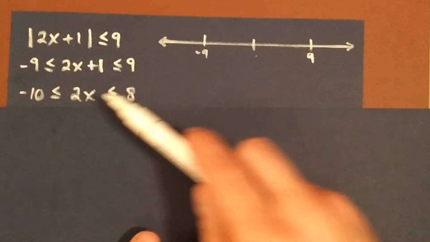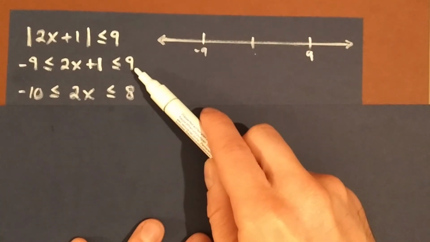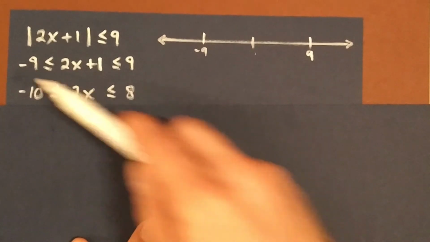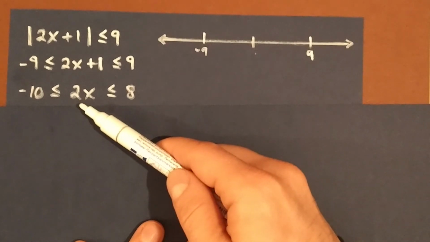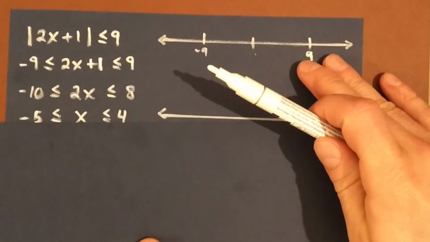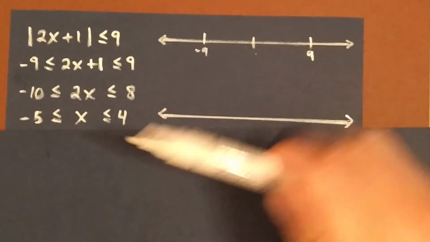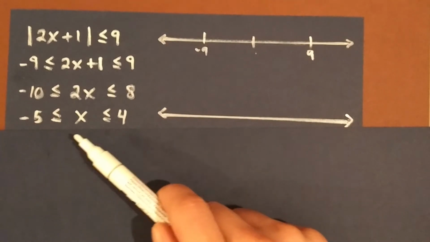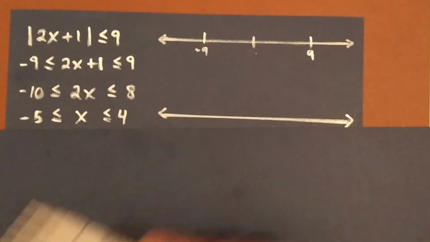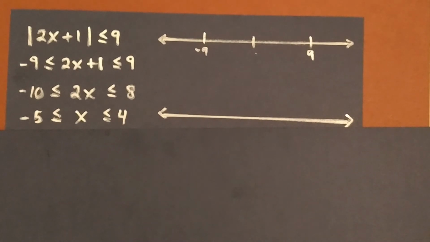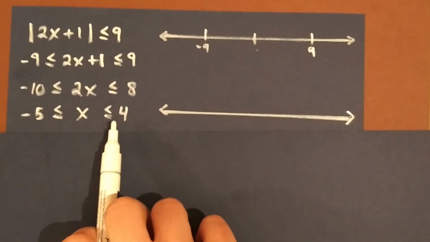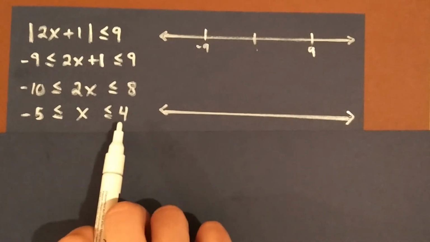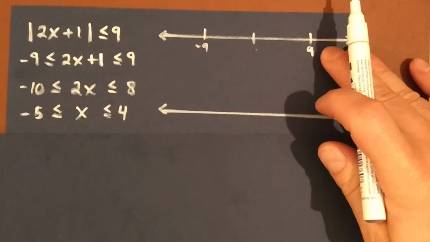And so we'll get 2x, and here we get 8, and here we get negative 10. So we subtract 1 from all three parts. And now what we would normally do, we divide by 2, and we do that in all three parts. So we get negative 5 is less than or equal to x, which is less than or equal to 4. So now we know x. We know x can be any value between negative 5 and 4, including negative 5 and 4.